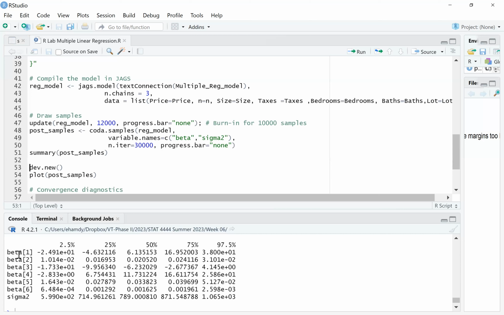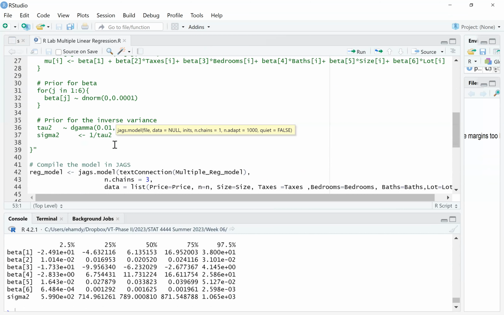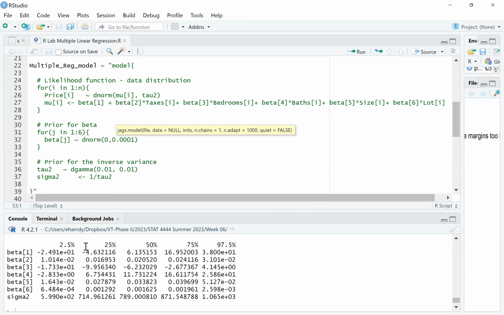When I look at beta 0, the constant, which is beta 1 in this case, the lower limit is negative, upper limit is positive. It means beta 0 is not significant. I shouldn't include the intercept in our model. What about beta 1? This is the effect of the first explanatory variable, which is taxes. The lower limit is positive, upper limit is positive. This one is significant.